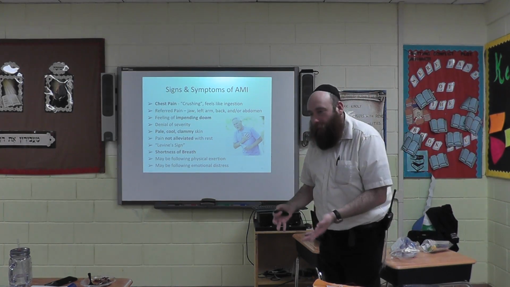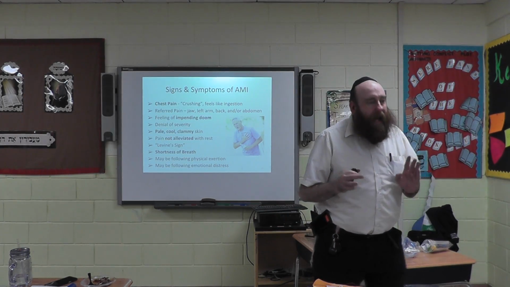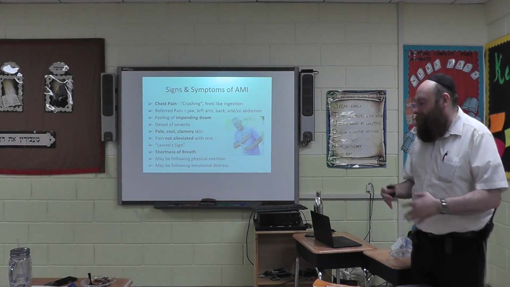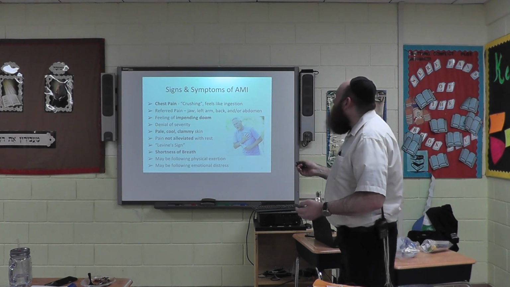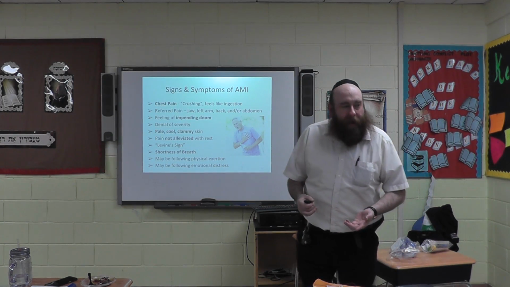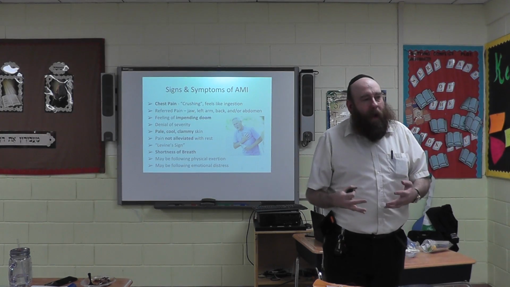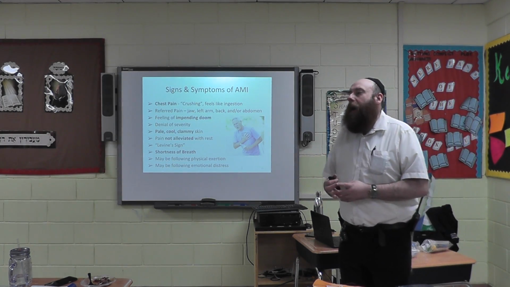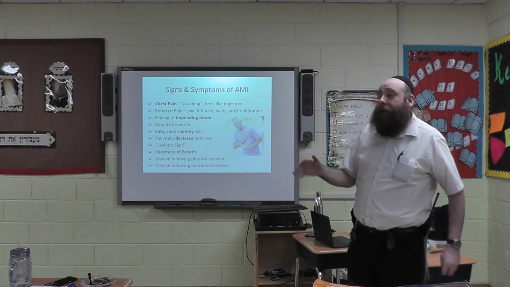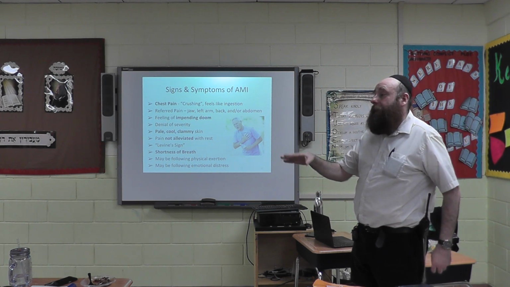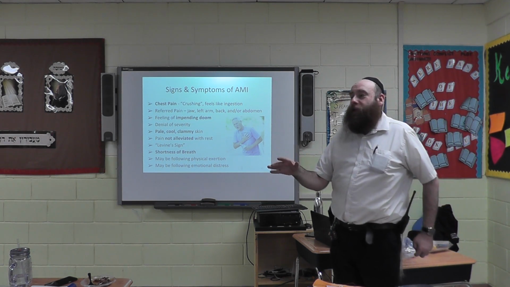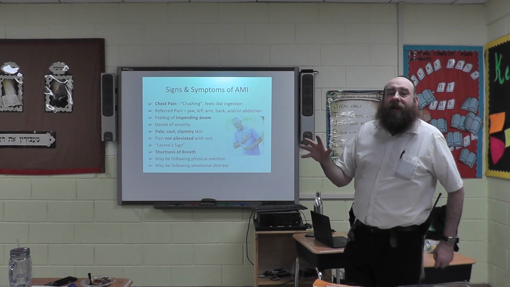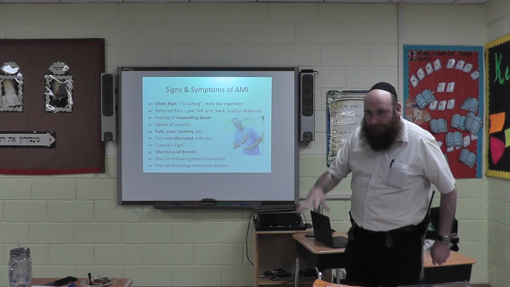We need to ask them questions. The most common way, and this again is a test question, that they describe the chest pain is a huge weight on their chest. Some say like an elephant standing on their chest. Not quite sure how they know what that feels like, but that's how they describe it anyway. But definitely feels like a pressure.